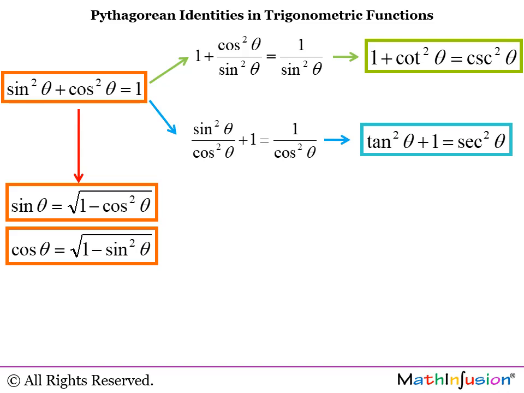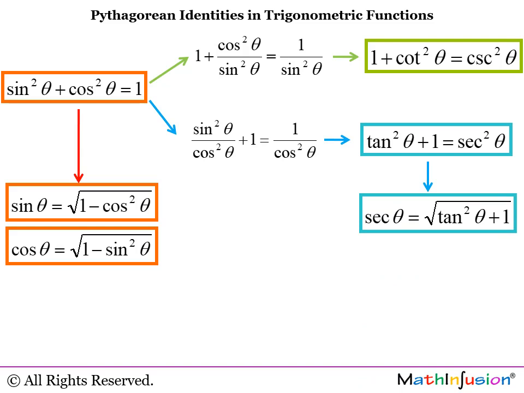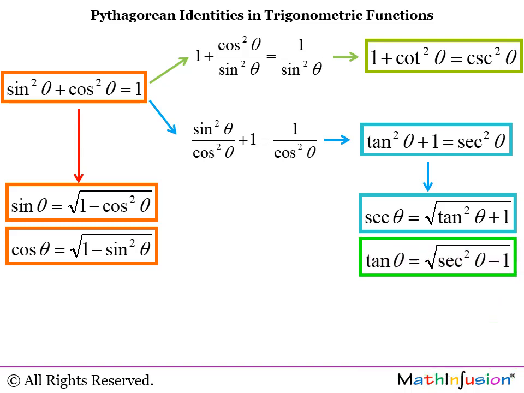So as you can see, I can take an expression with a radical, and if the radical is like 1 minus something squared, maybe there's a way to get rid of radicals using that. And from here I get that secant theta equals the square root of tangent squared theta plus 1, but also tangent theta equals the square root of secant squared theta minus 1.